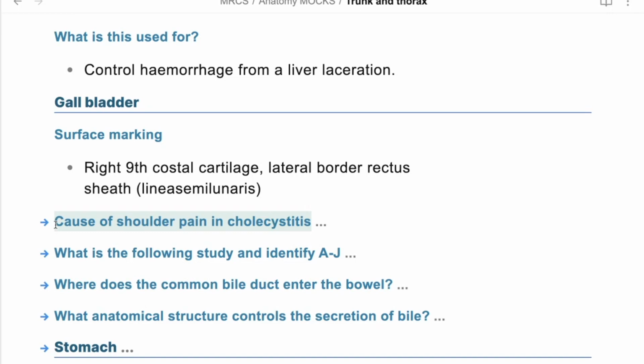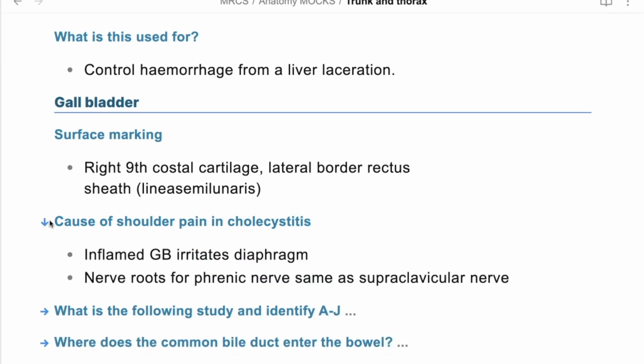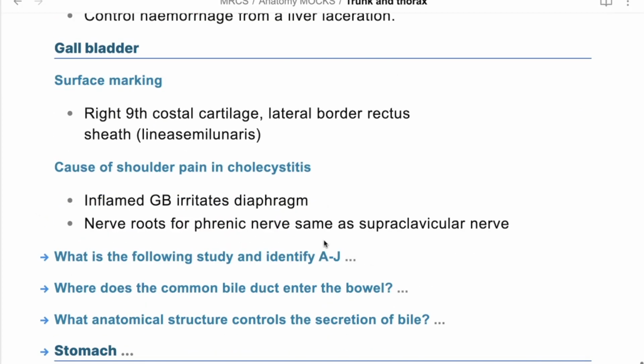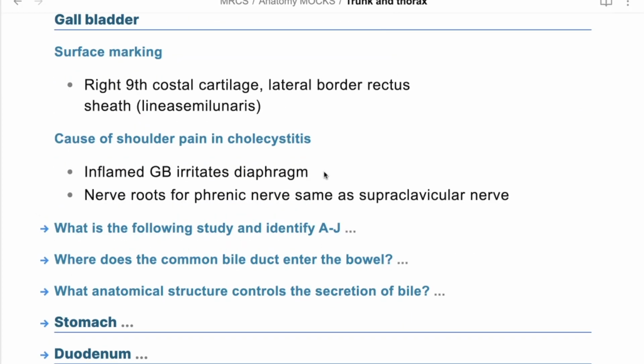Okay, that's fine. So the diaphragm, I think this answer is wrong. You need to probably revise it. The diaphragm is supplied by the phrenic nerve, okay? And the inflamed gallbladder will lead to irritation of the diaphragm, and this will go to the nerve roots of the phrenic nerve. The phrenic nerve and the supraclavicular nerve have the same origin, which is C3, 4, and 5, okay?